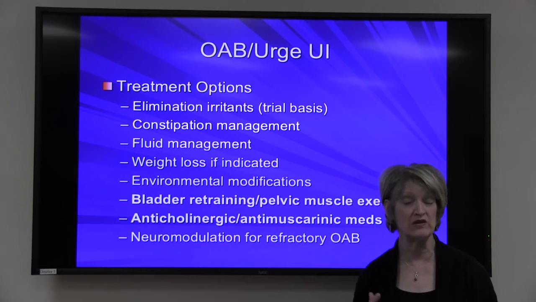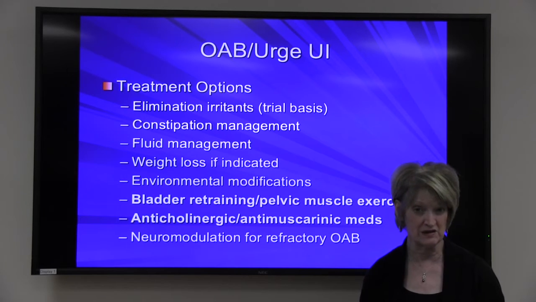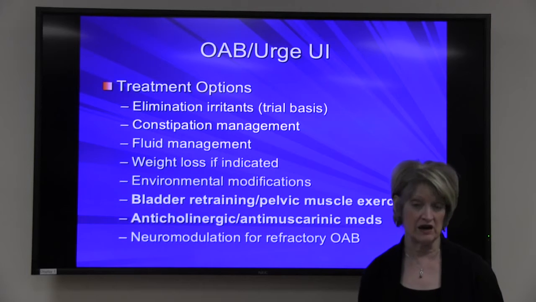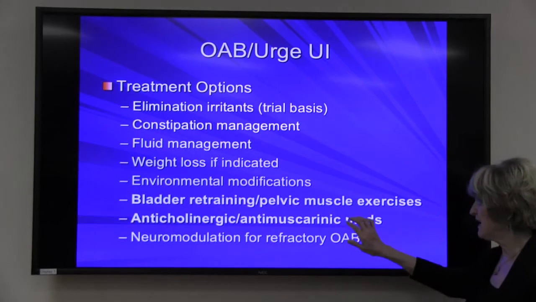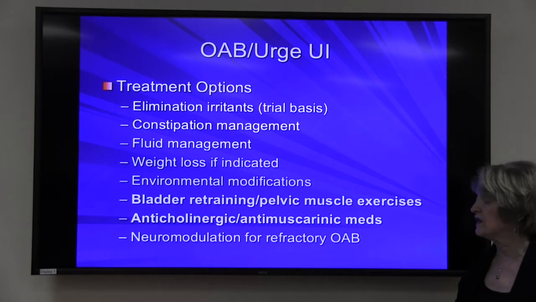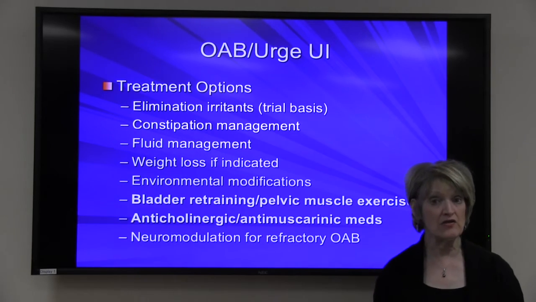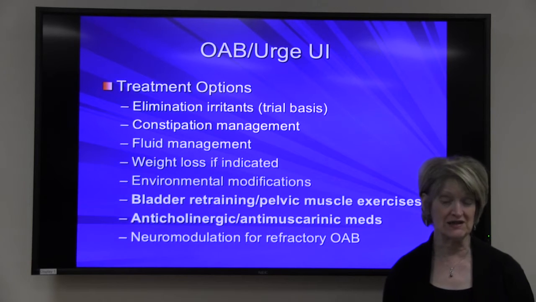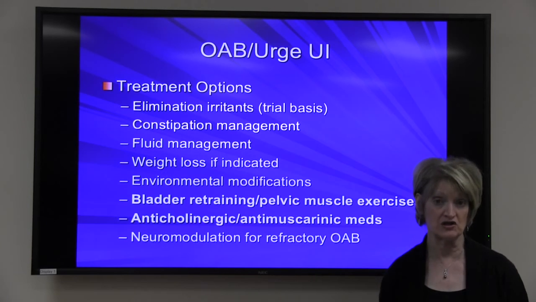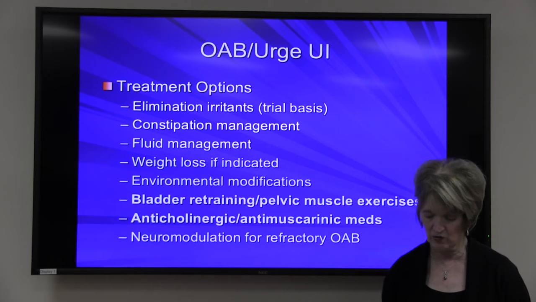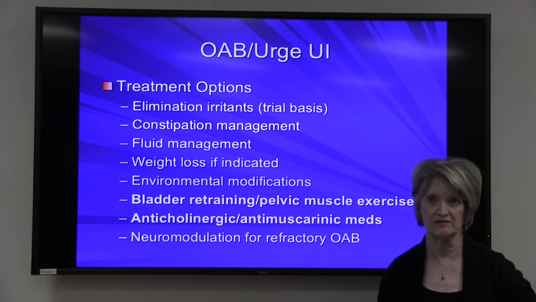So if you can use one of the new antimuscarinics, like Vesicare is one, that can be extremely helpful. So yes, we have medications that can help here. And there's another set of interventions that's used only for refractory OAB, and that's neuromodulation therapy. And we'll come back to that. We're not going to talk about that today.